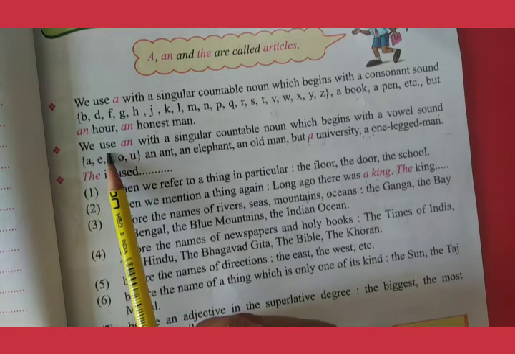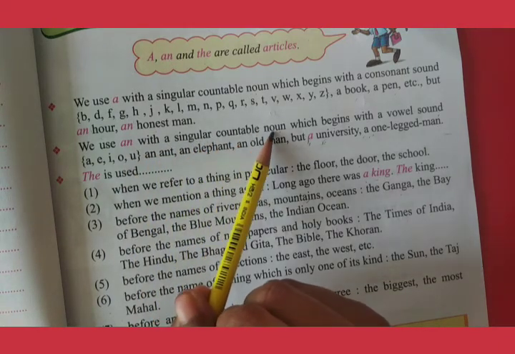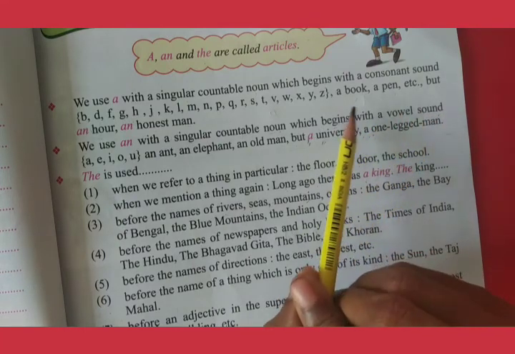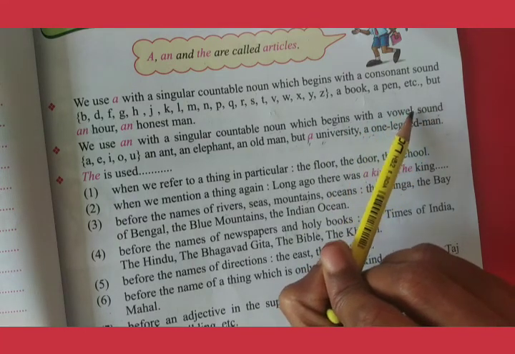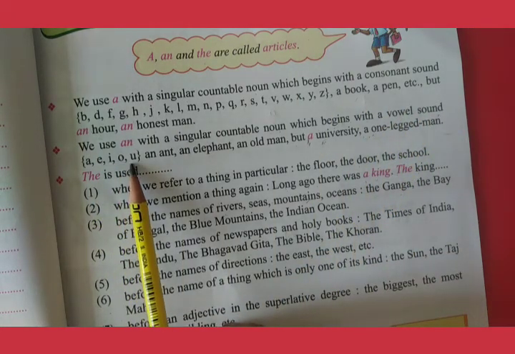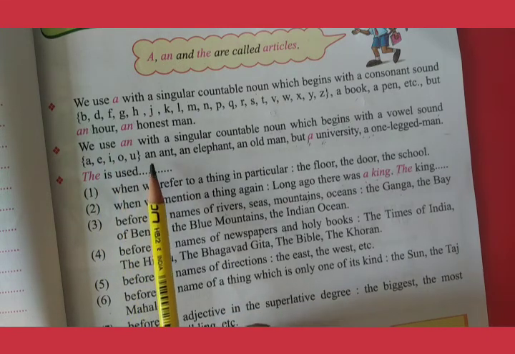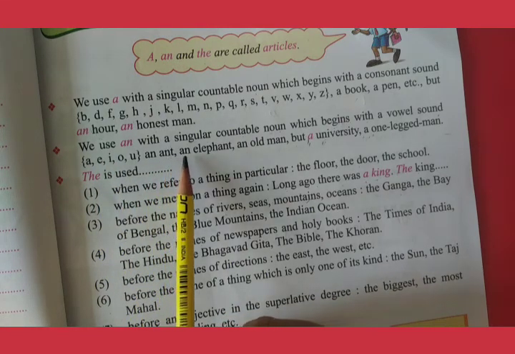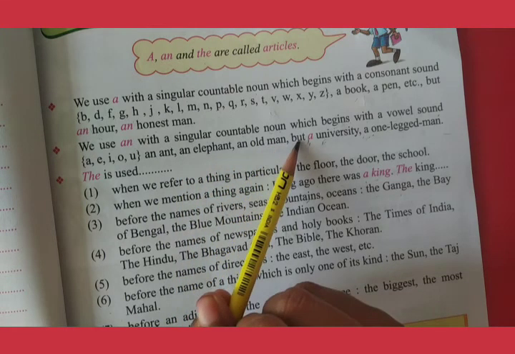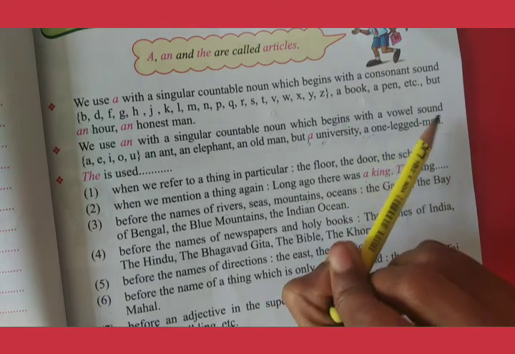Now, we use an with a singular countable noun which begins with a vowel sound: A, E, I, O, U. These 5 letters we call vowels. An aunt, an elephant, an old man, but a university, a one-legged man.